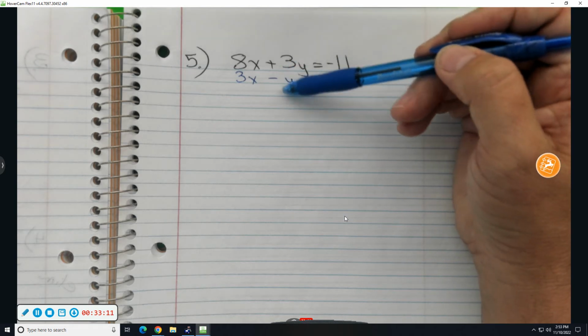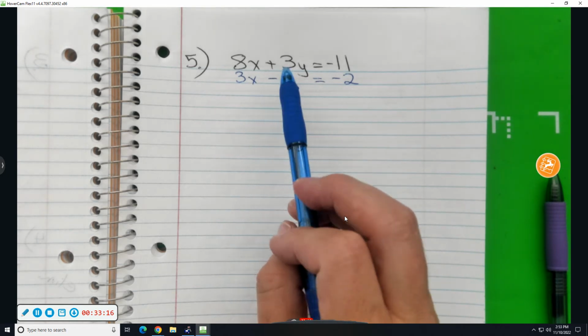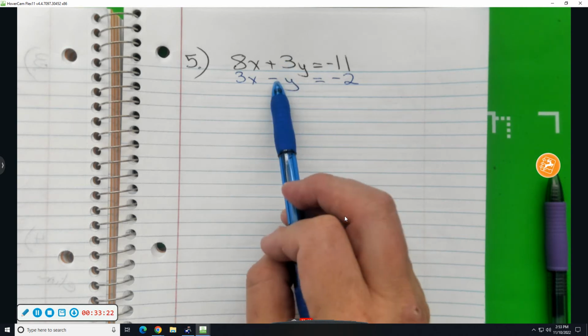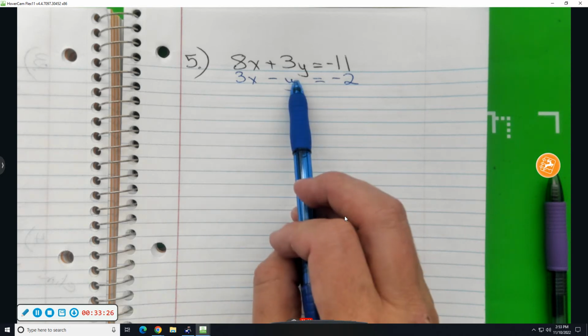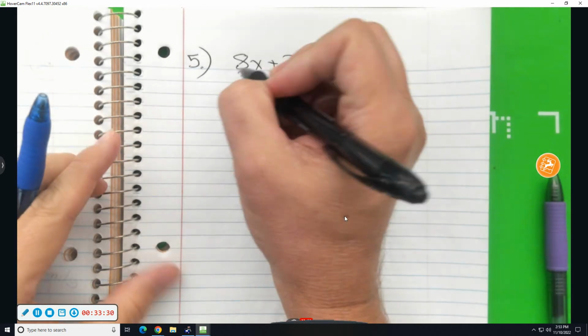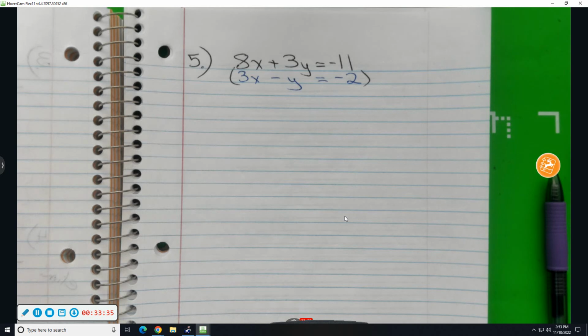Because as it is, what's this coefficient on y? Negative 1. We could change that to a negative 3 by multiplying through by 3. Remember that whatever you do to one side of an equation, you've got to do to the other. So we can multiply all the way through here, multiply across by 3.